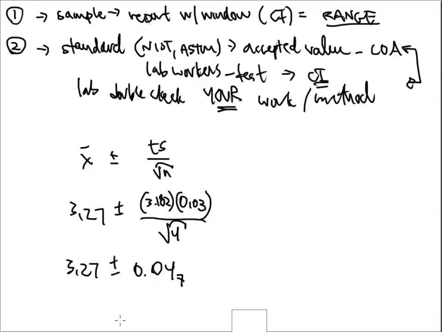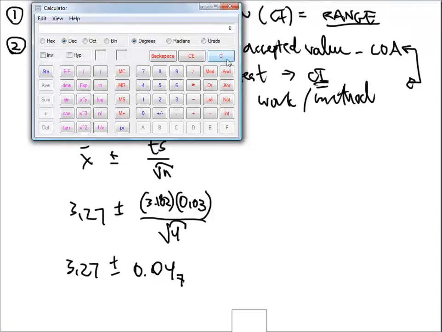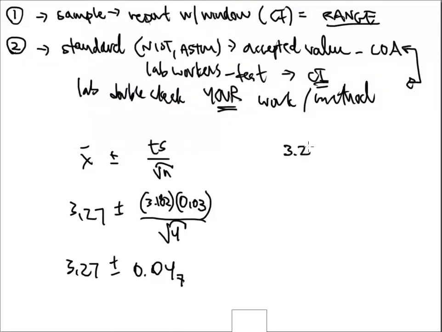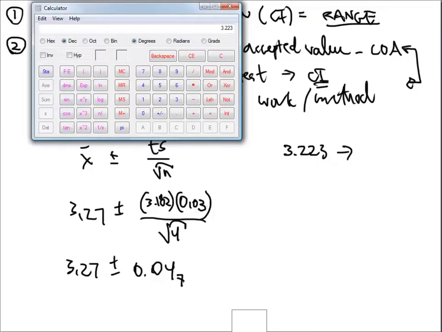All right, so this is my confidence interval, 95% certain. So that means when I took this coal sample, I'm 95% certain that the true value lies within this window range. So 3.27 minus 0.047 gives me 3.223, all the way up to 3.27 plus 0.047, and that gives me 3.317.